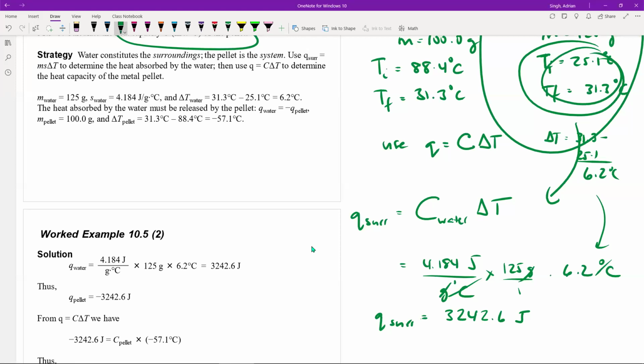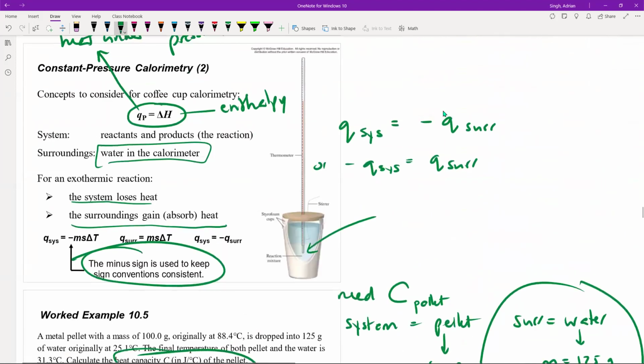Now, the temperature of the surroundings increased, right? So that means it absorbs heat. So this is going to be a positive value, which means the Q of the system has to be the same value, 3242.6 joules, but negative. So Q of the system is equal to the negative value of Q of the surroundings.